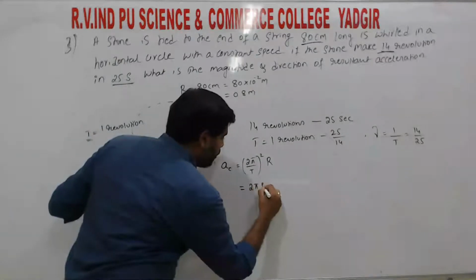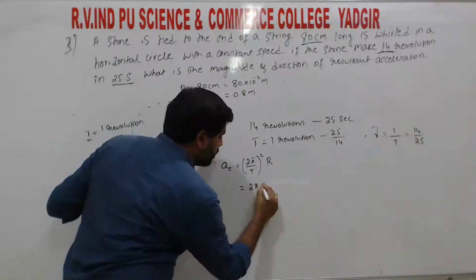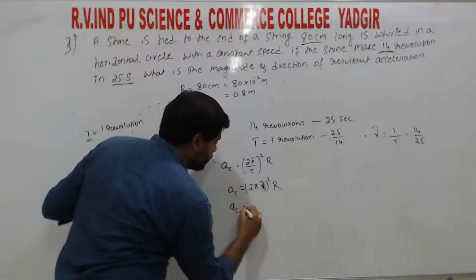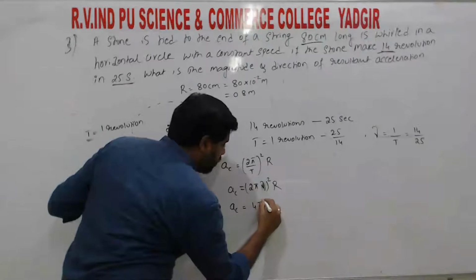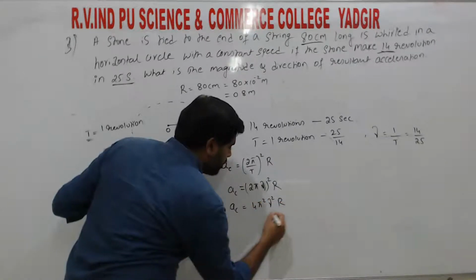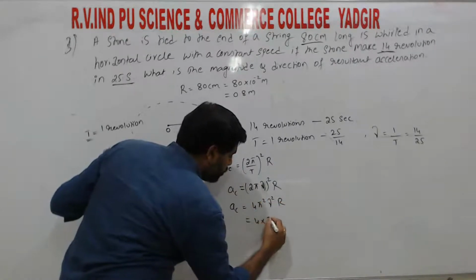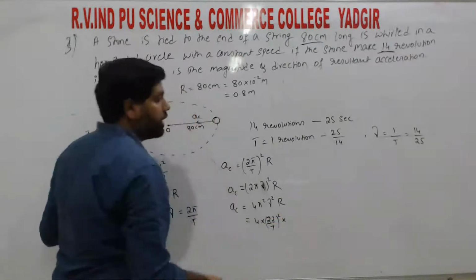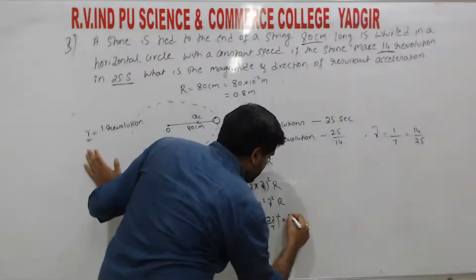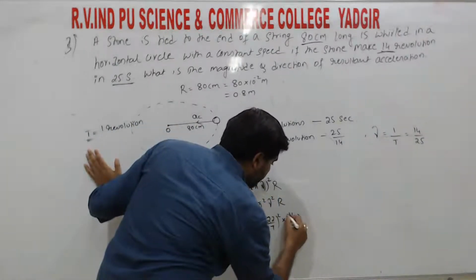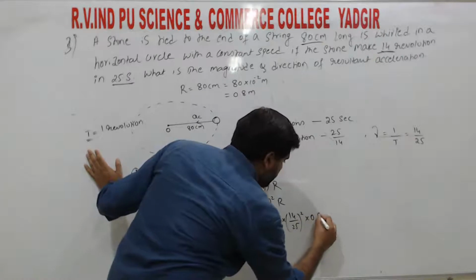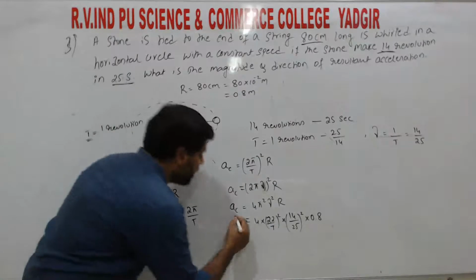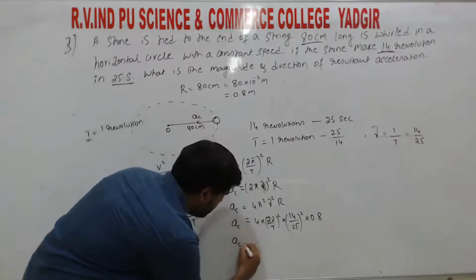So here it is 2 pi nu whole square into r, right? So a_c is equal to 4 pi square nu square r. So 4 into 22 divided by 7 whole square into the frequency 14 divided by 25 whole square into 0.8. If we simplify, we get the magnitude of the centripetal acceleration.